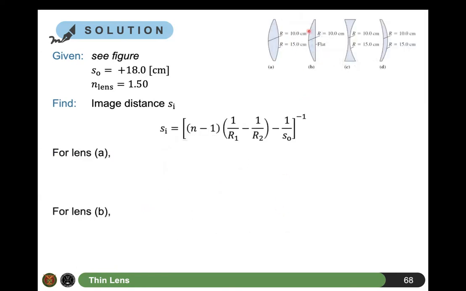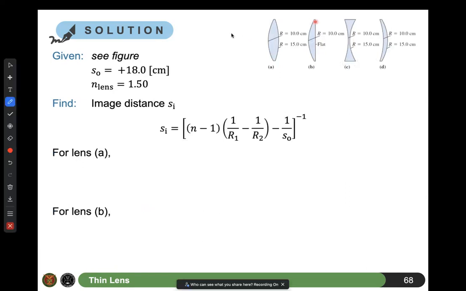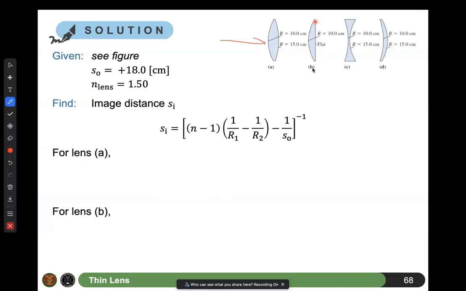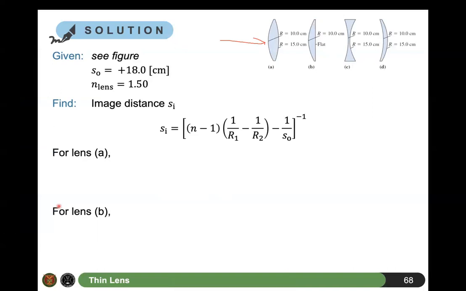Now, for A, for lens A, R1 equals 10 and R2 equals 15. Okay? If the object is formed here, ito yung incoming, right? So, tatama siya on a convex. So, if convex, ang sign ng R1 will be positive. Okay?